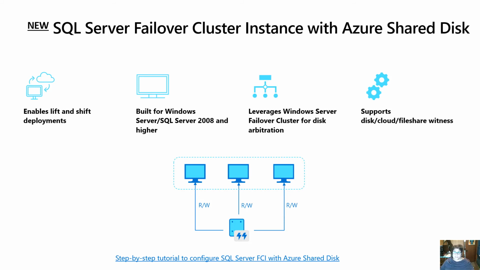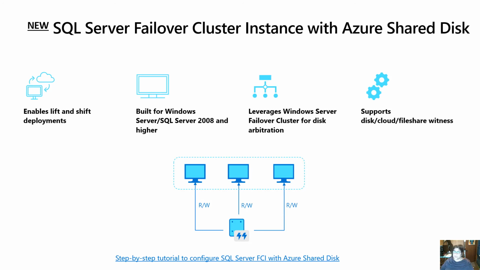It works for all versions of Windows and all versions of SQL Server that are currently supported. It just leverages the failover cluster technology that you're used to using on-prem to manage access to the shared disk.